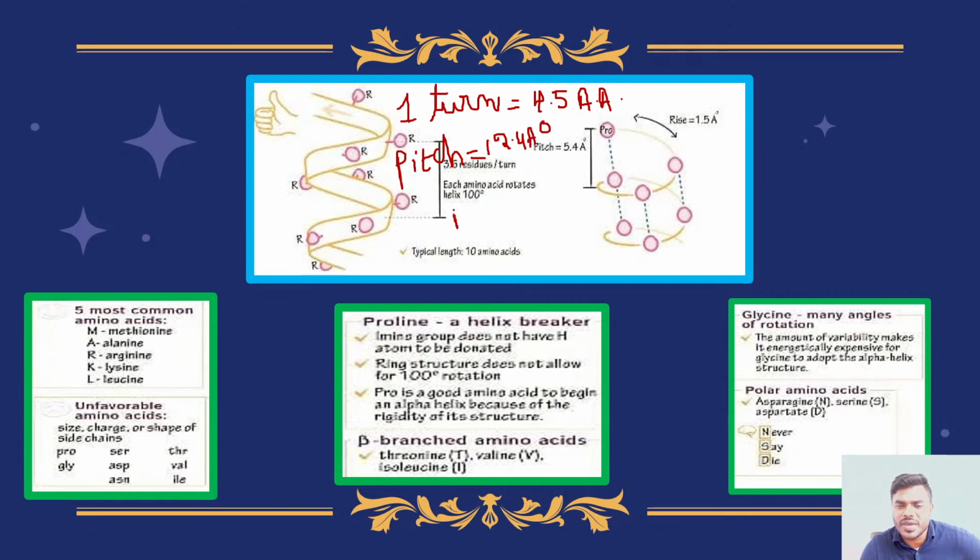Can you please tell me what is the rise per residue? Everyone please calculate and tell me, friends. One turn contains 4.5 amino acids, and pitch here is representing what, friends? Length. The length is 12.4 angstrom. Now my question is, what is the rise per residue? You have to calculate the distance between one amino acid and the next amino acid.